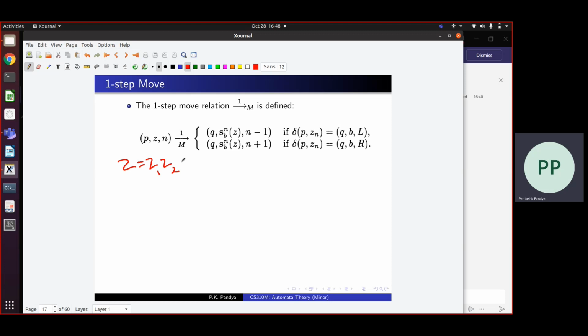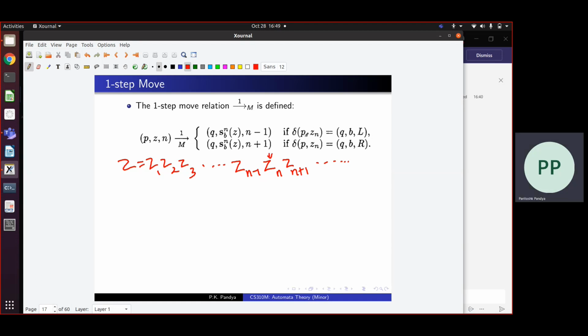These are tape alphabet symbols. There is Zn-1. Then there is the symbol Zn. Then there is the symbol Zn+1. And it goes on like that, right? That is my current tape Z. And the head is positioned at position N. That is, it is reading this symbol Zn currently.